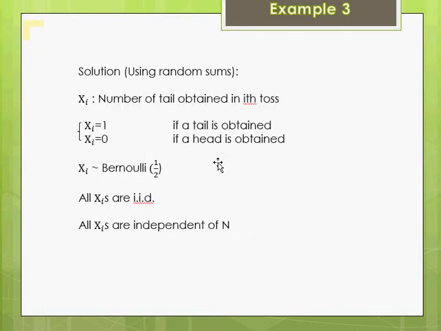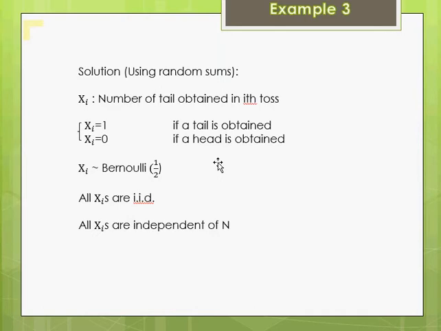Our second approach is to use the random sum. We consider xi to be the number of tails obtained in the ith toss, which means that xi takes the value of 1 if a tail is obtained, while xi takes the value of 0 if a head is obtained. Actually, xi follows a Bernoulli distribution with probability 1/2, because we have an equal chance to get a tail or a head.